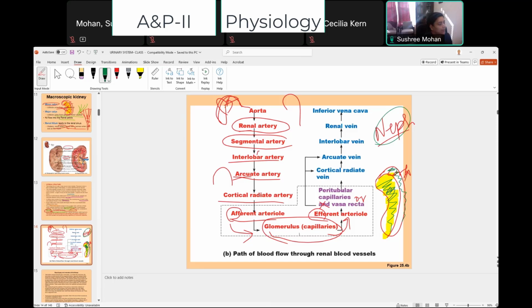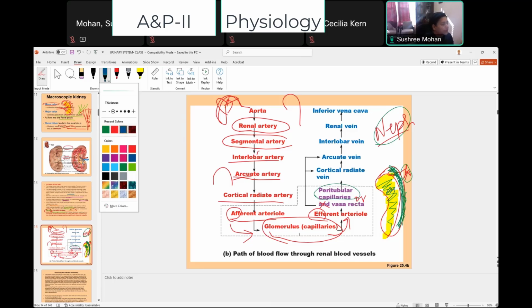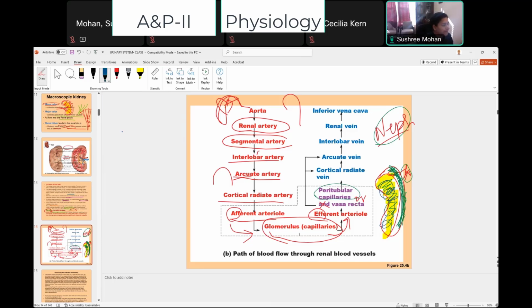But when the nephrons are doing the work in the cortex, remember, they involve peritubular capillaries. So peritubular capillaries would be present for nephrons of the cortex. But if it is nephrons of the medulla, then it will not involve these.